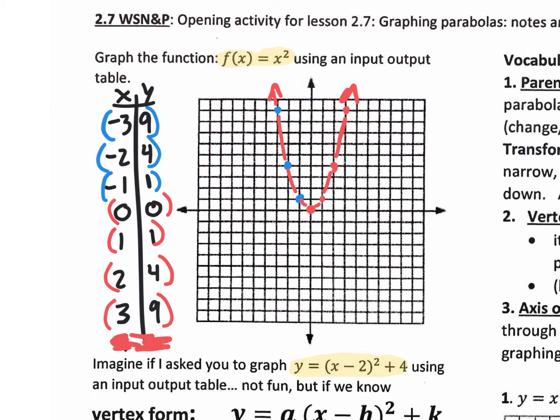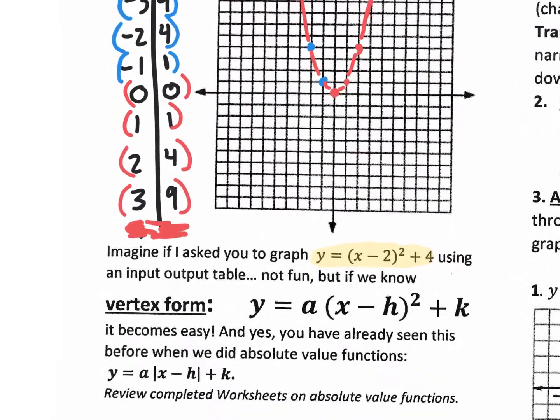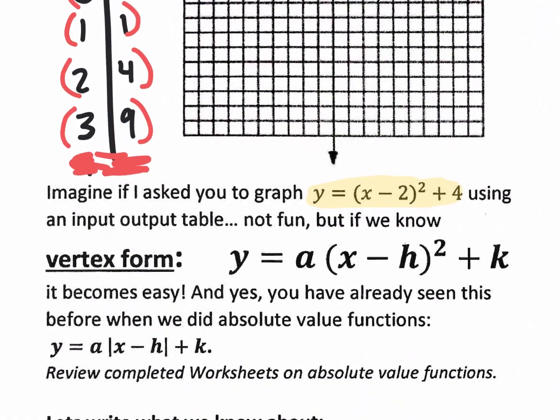Similar to absolute value functions, we have a form that we're going to memorize that'll make it really easy to graph these parabolas. And this is the form, vertex form. And the form is y equals a(x - h) squared plus k. Now, if you're thinking, wait a minute, that looks very familiar to the previous absolute value function form.